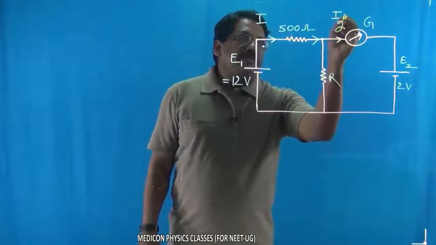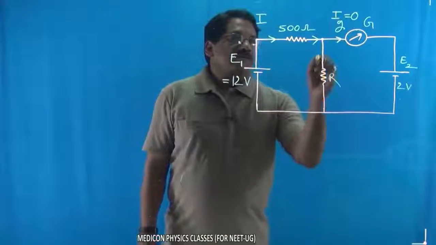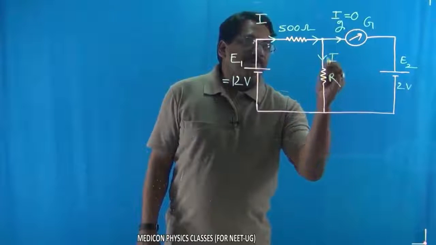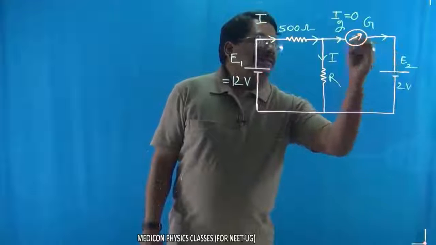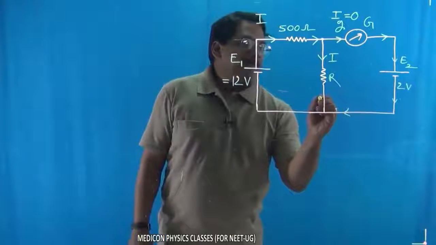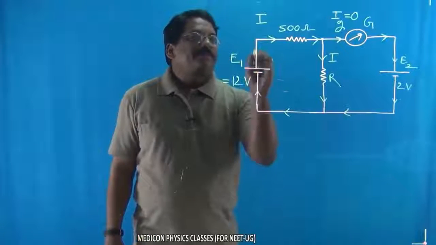But of course this galvanometer current is given 0. So the only current in this path now, everything now here is I, and here this is Ig, of course it is 0 as indicated in our data, and so let's complete the circuit.